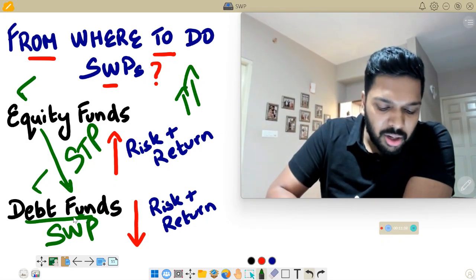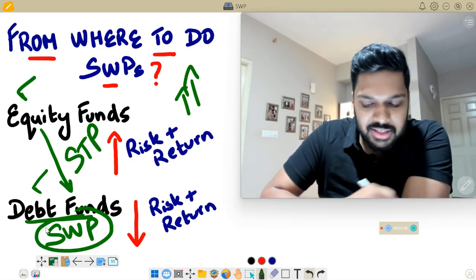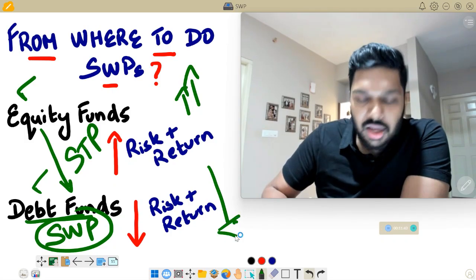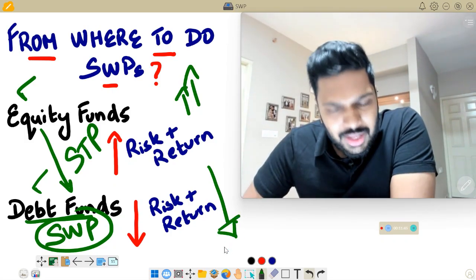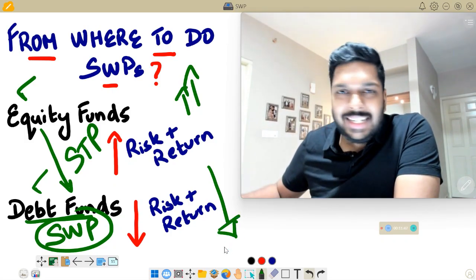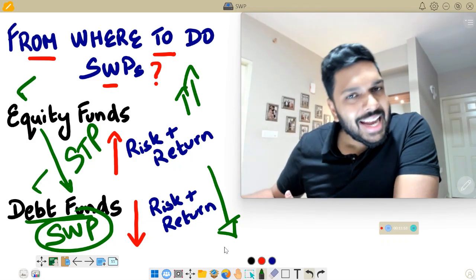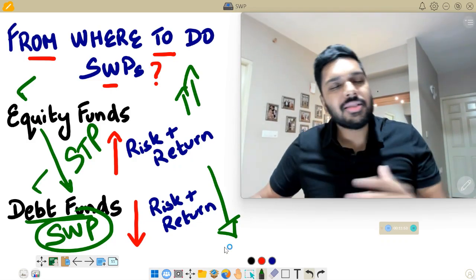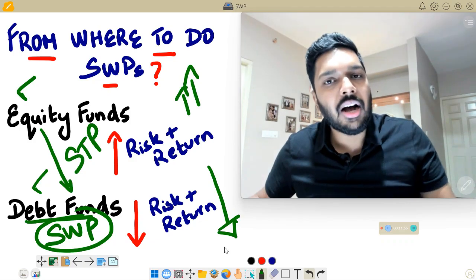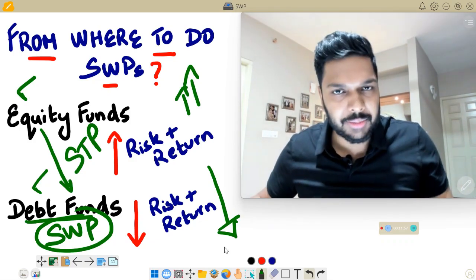And then it is recommended to use SWP because in debt funds, the risk is quite low. So therefore, SWP is a good, interesting financial tool for both newbie investors and experienced investors because it helps us in achieving or reaching our financial goals through good financial planning.